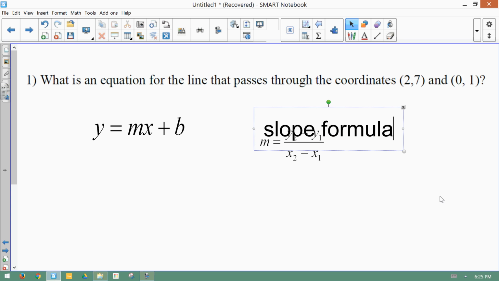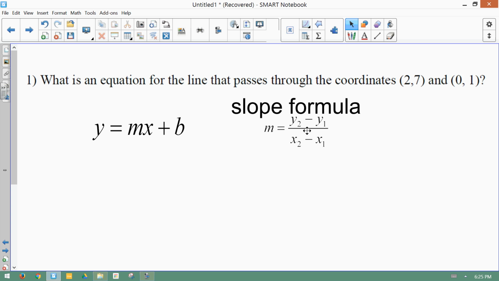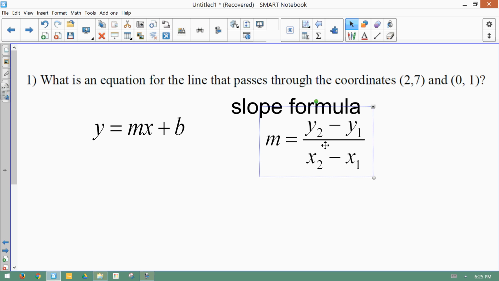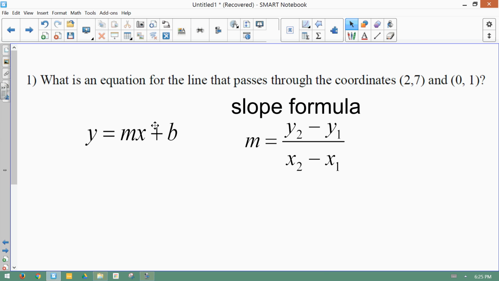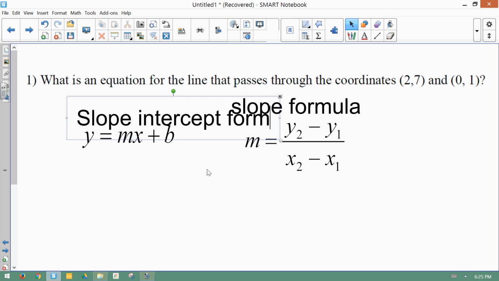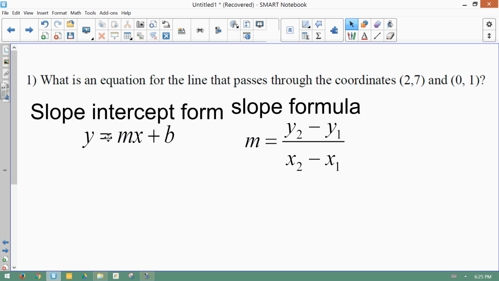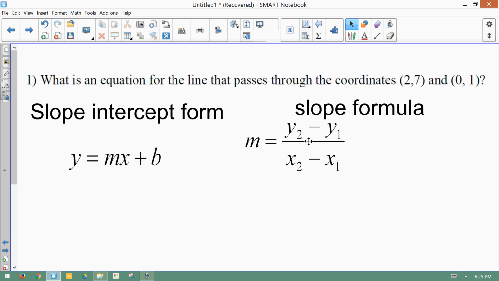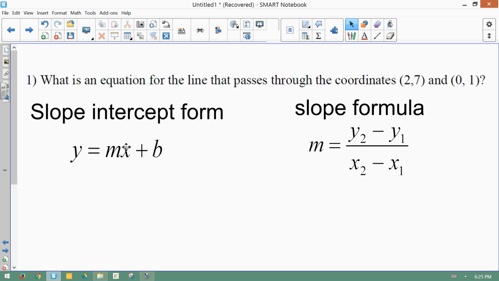This is also given to you in the formula chart that's still on my wall. And of course this is the slope-intercept form of a linear equation. These are the 2 ideas you'll be using today.